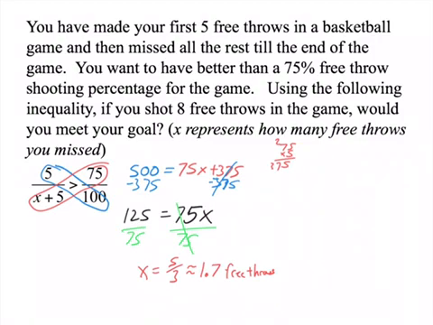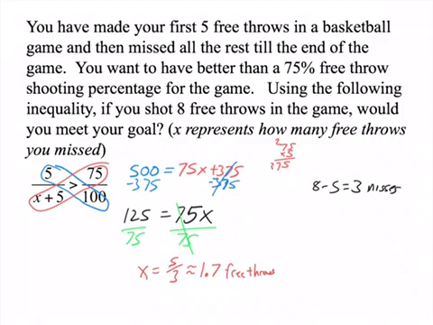Okay, so let's think. You took 8 shots. You started with 5. So how many did you miss? You've got to think about that. If I took 8 altogether and I made the first 5 but missed the last, doesn't that mean I missed 3?